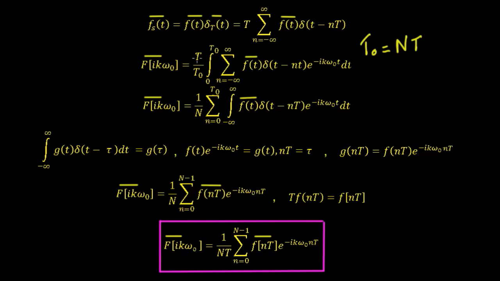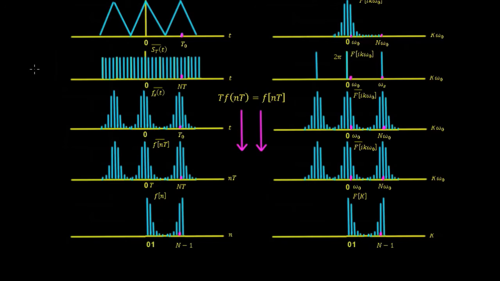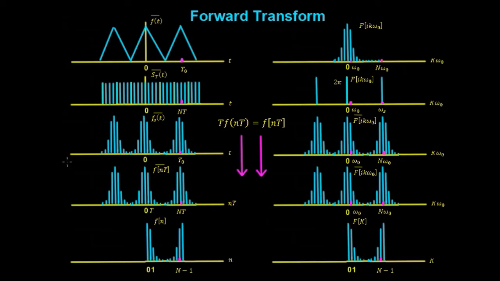So it means that this T upon T naught can therefore, from this equation, be replaced with simply 1 upon N. Also, you note that the upper limit of this integration here is going to be a value of T naught. Now that value of T naught there can be replaced by a factor of N minus 1. So let's go ahead and have a look and see how we end up with that N minus 1. So N is the number of samples. So we're going to have, say, 10 samples from this point here to just this point here.